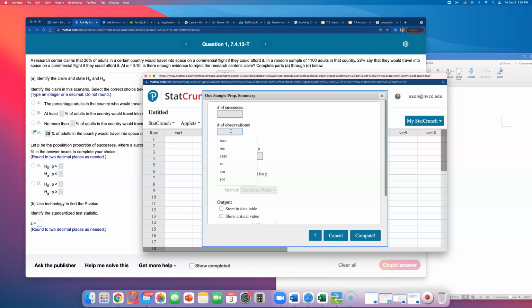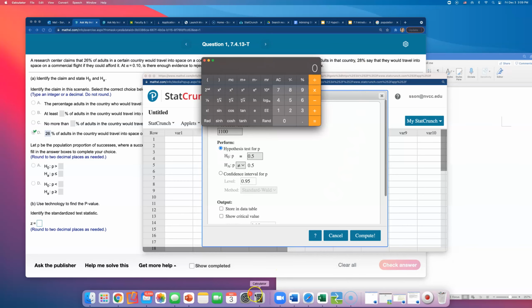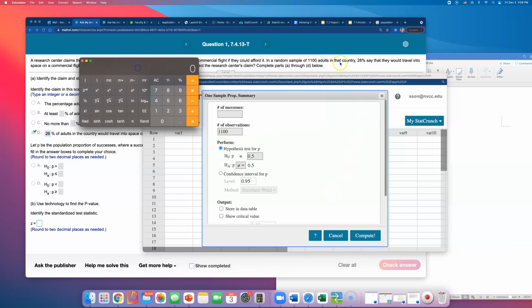What's the sample size? A big sample size, 1100. And out of those 1100, 28% say yes, they're going to go to space. So we have to figure out how many is 28% of 1100. What is 1100 times 0.28?